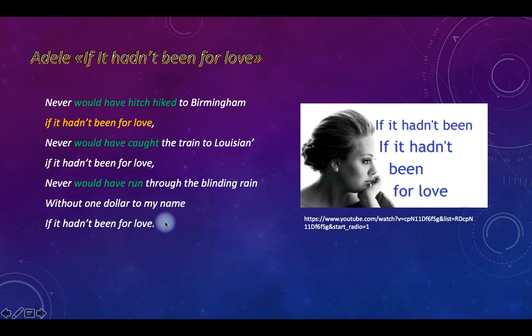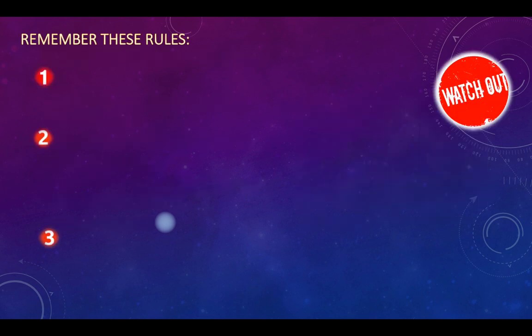The third conditional, again, unreal situations, imaginary situations, something that we cannot change, and we are just imagining what could have happened. That's a nice example of the third conditional.